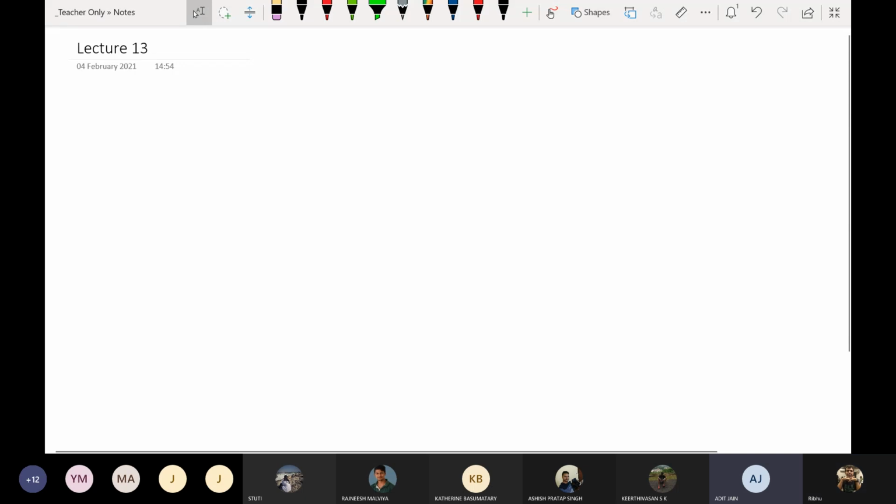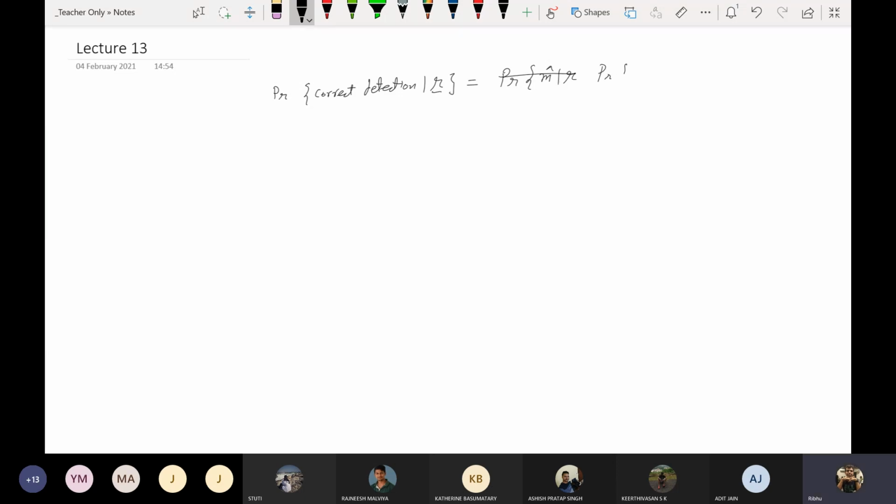Yes. Okay. So yesterday I made an error while writing. What I wrote was probability of correct detection given R. Right, this is what we wrote.